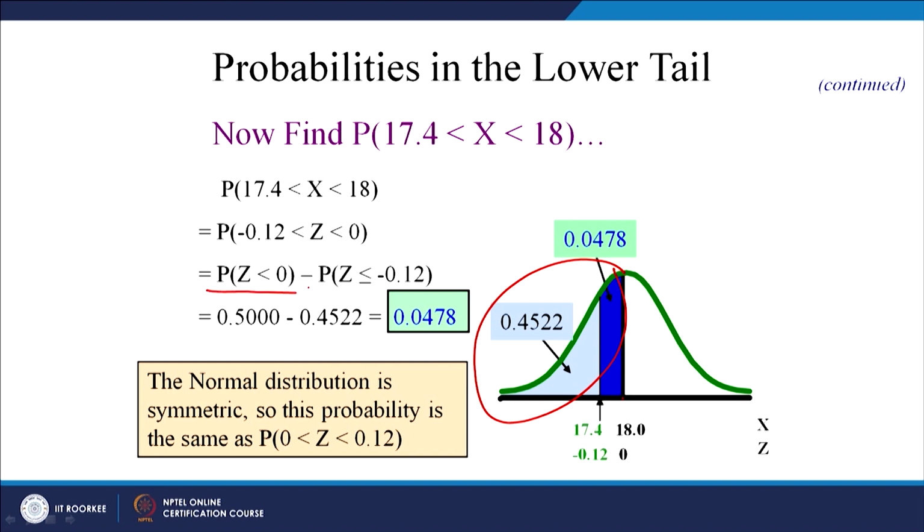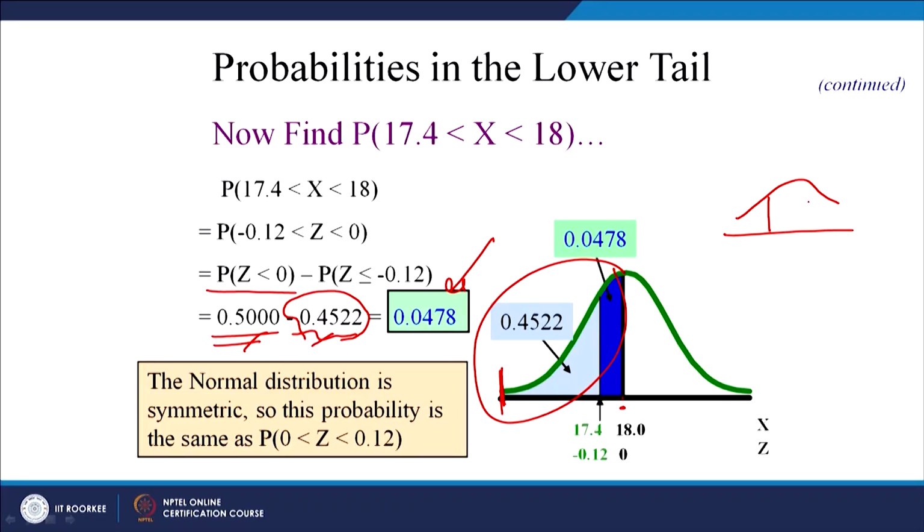So, from infinity to 0 the area is 50%, and from 0 to minus 0.12 this is the area. In fact, this area is from minus infinity to 0.12, and if you subtract this value from this value, you will get the remaining area.